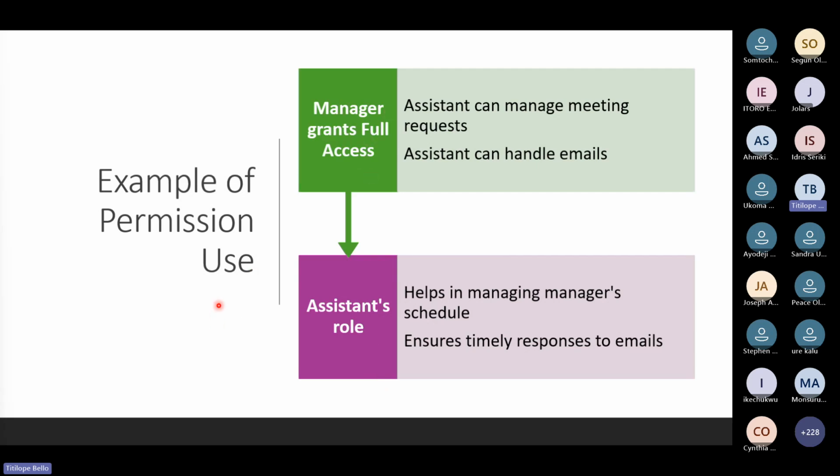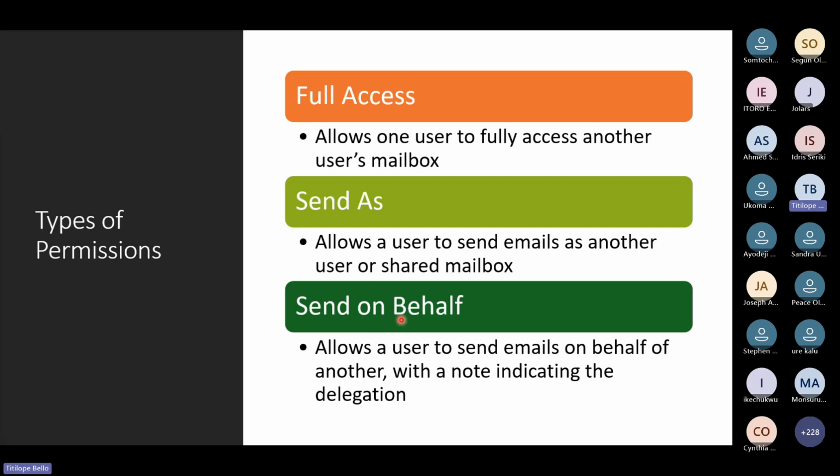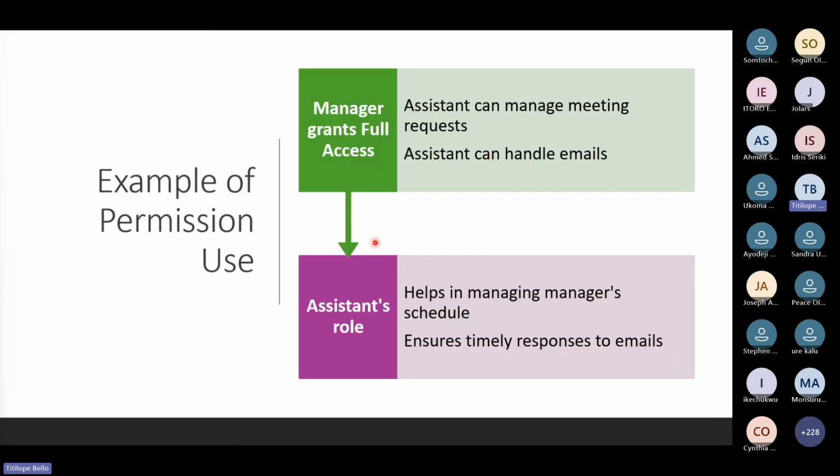We have talked a lot about this, the send on behalf, and then the send as. So now with this full access, every response that this assistant sends from the mailbox of the manager, me that I'm receiving that email, I'm seeing it like it is the manager that sent the email.